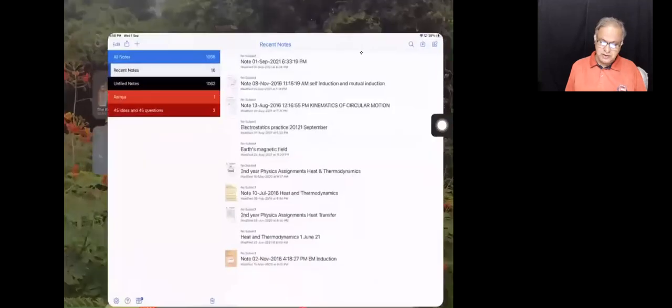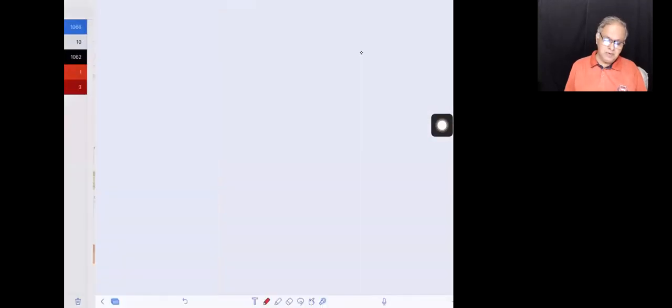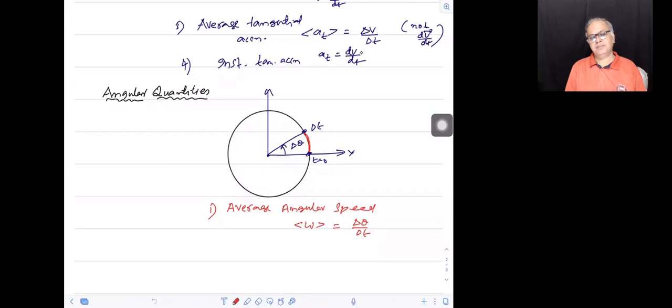Actually, I was using this because it allows me more flexibility with my writing, but this mirroring is having some issues.